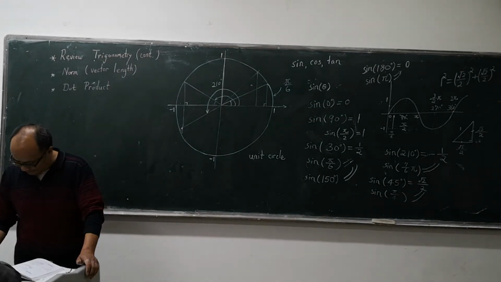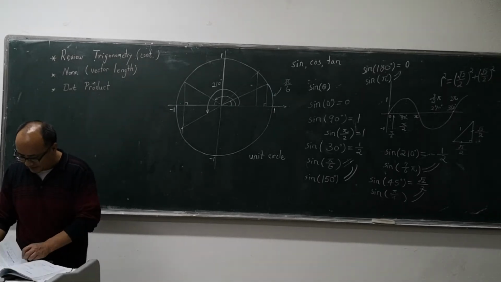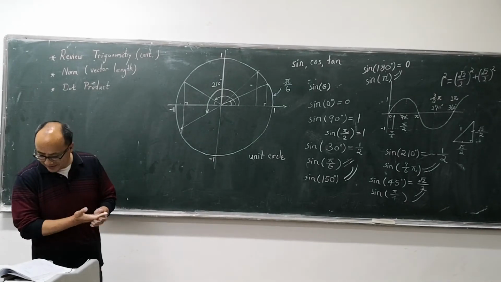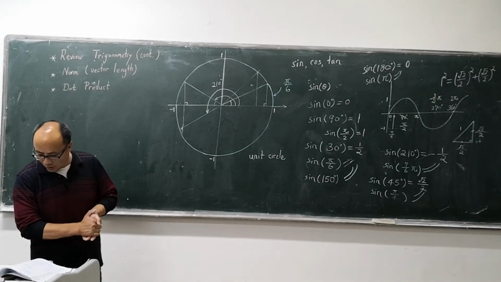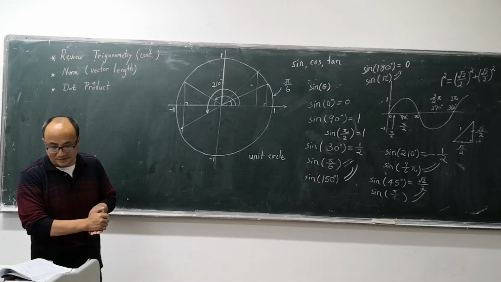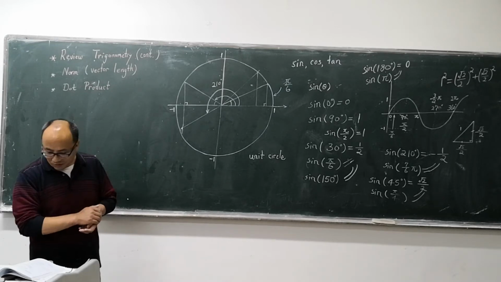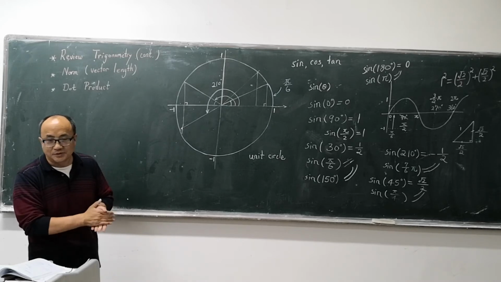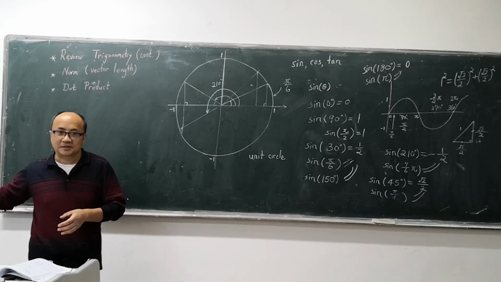Page 25. Oh, cosine, sorry. The bottom is cosine. You can add one row there, below the sine, for the cosine. I will come to the cosine after I finish this.